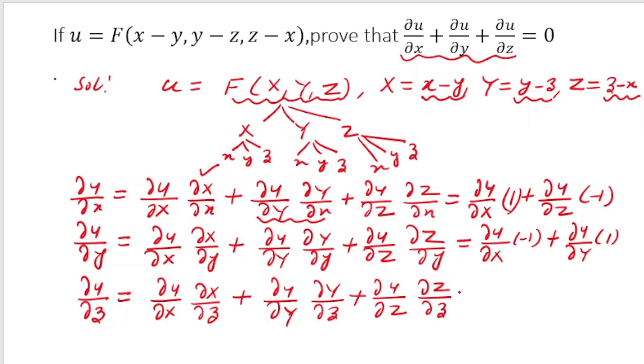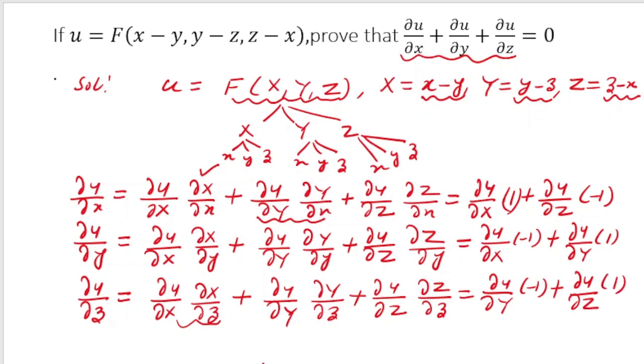This is the chain rule, and in case you have difficulty understanding this, you need to watch the previous video. This term will become 0 because there is no z. Del u by del Y and del Y by del z will give me minus 1, and plus del u by del capital Z and del Z by del z will give me plus 1.